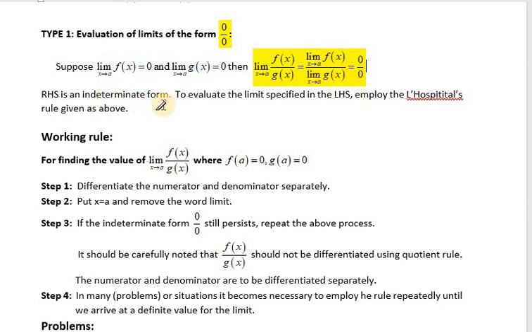So RHS is an indeterminate form. To evaluate this kind of special limits, we employ L'Hopital's rule.